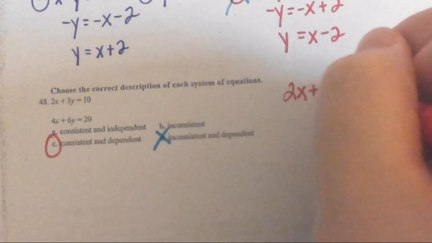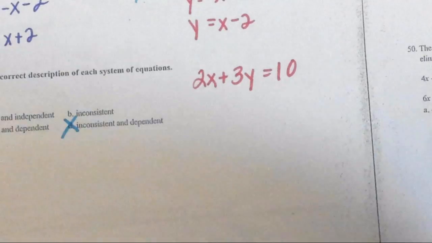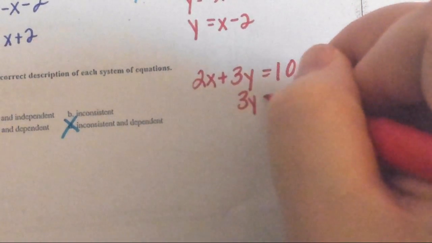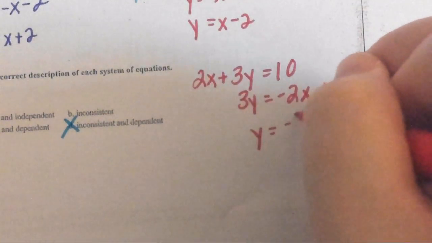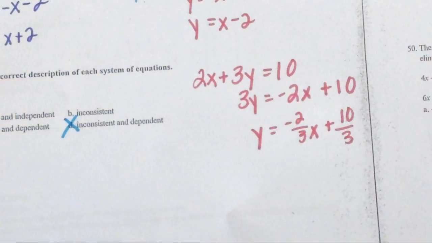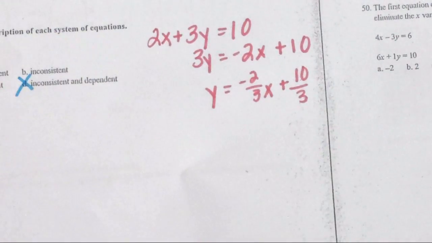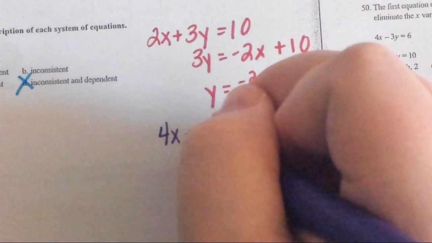So if you want to, because you like consistency, you can put it, yes, in y equals mx plus b. That's the first equation in y equals mx plus b. I could also put that second equation in y equals mx plus b.